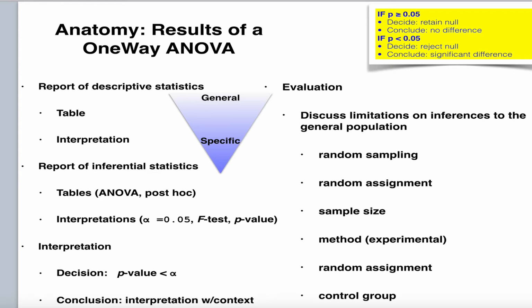If our p-value was equal to or greater than 0.05, then we would retain the null hypothesis and say that there is no difference in the population.